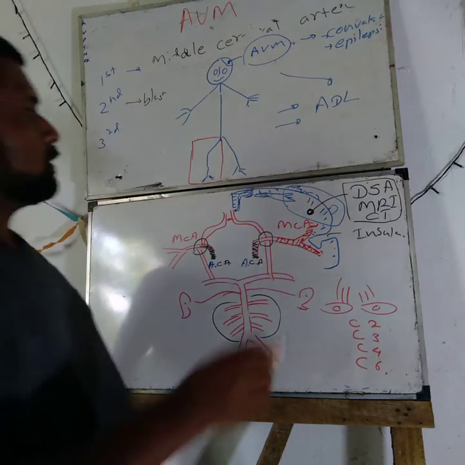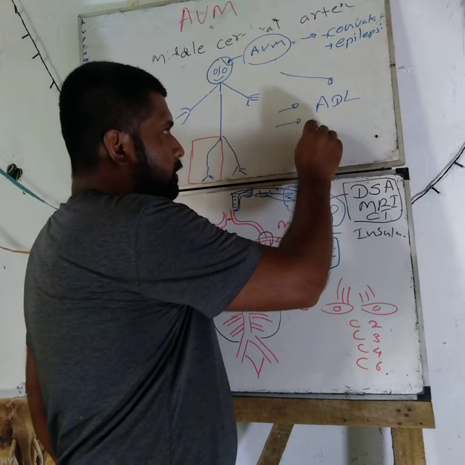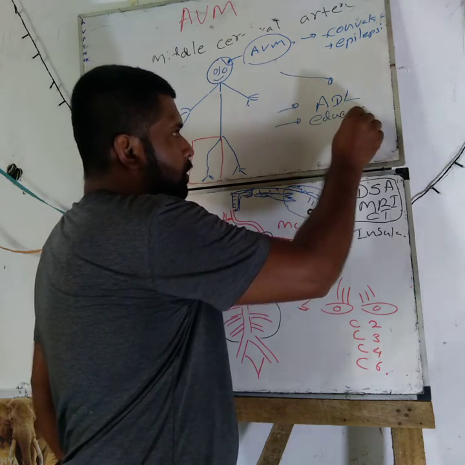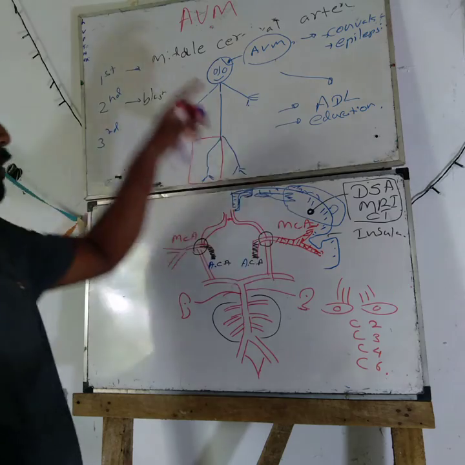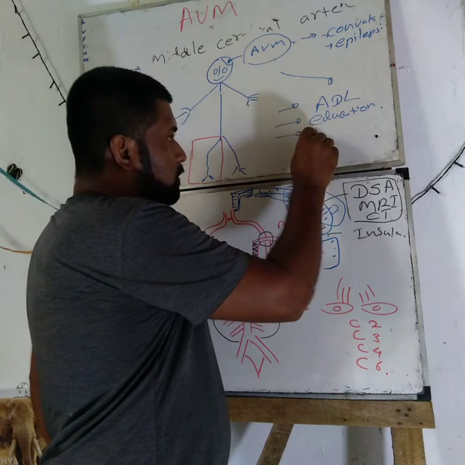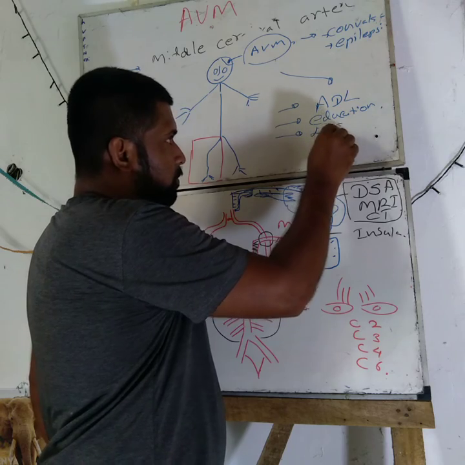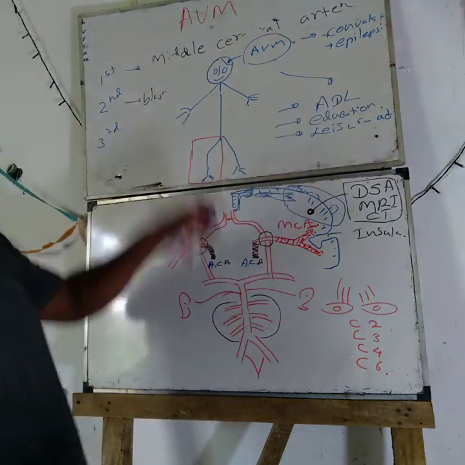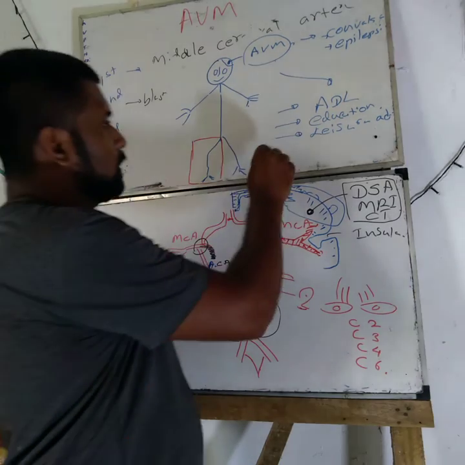Then the most important, this is also the student, the education problem. The education problem is also most important to discuss. Then the activity. Leisure activity is also most important to discuss.